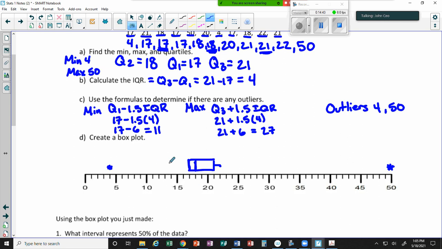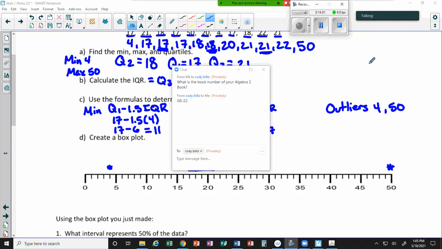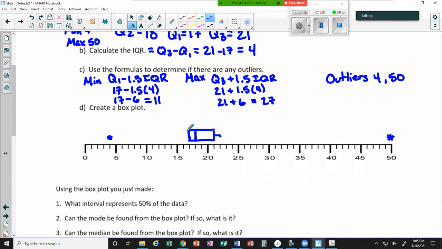So I don't have a line going there. All right. That's my box plot or box and whisker plot for that set of data.